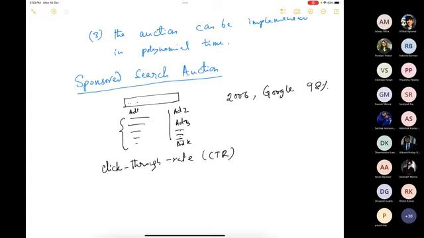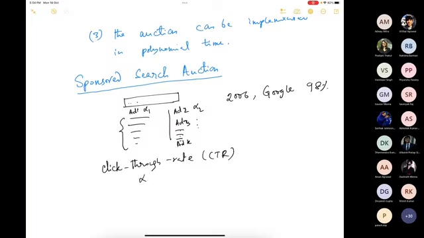And because of the natural behavior of the browser, that it scrolls from top to bottom, the ad shown at the top of the page is more likely to get clicked than ads shown at the bottom. So suppose this is the probability with which this particular ad is clicked: alpha 1, alpha 2, and so on.